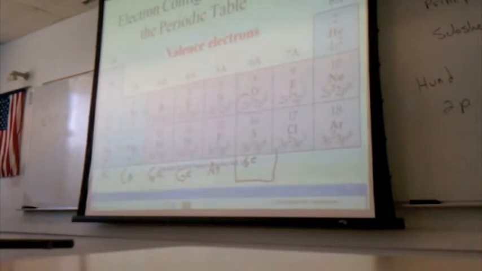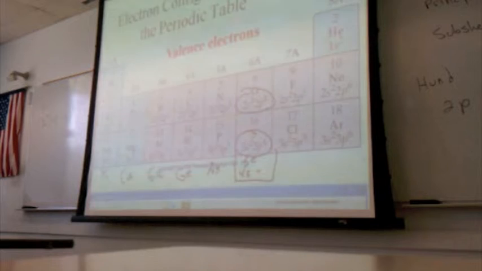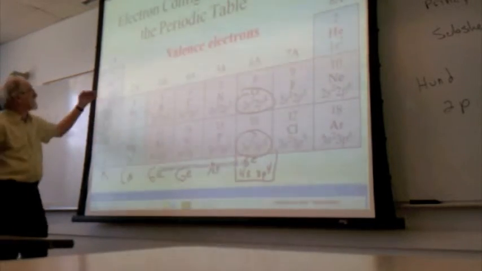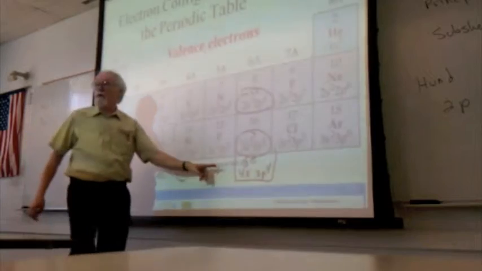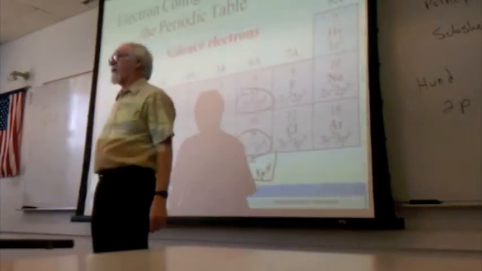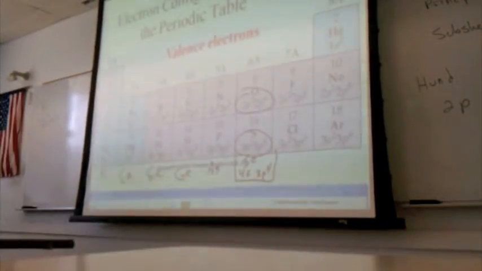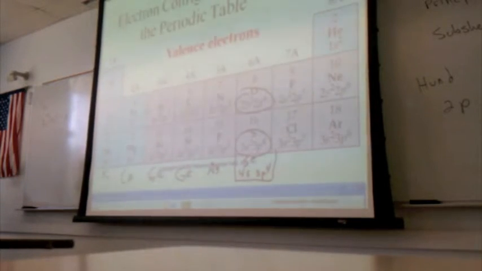So if this is 2s2, 2p4, 3s2, 3p4, this has got to be 4s2, 4p4, and so forth. That equals 1, 2, 3, 4. Do they all relate like that going down? Going down, they have the same configuration in the same column.